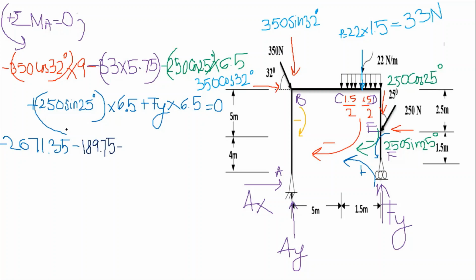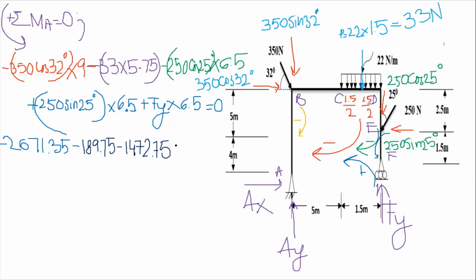So 1472.75. So it is 6.5, 1472.75. And now what we are going to do, 250 into sine 25 multiplied by 6.5.